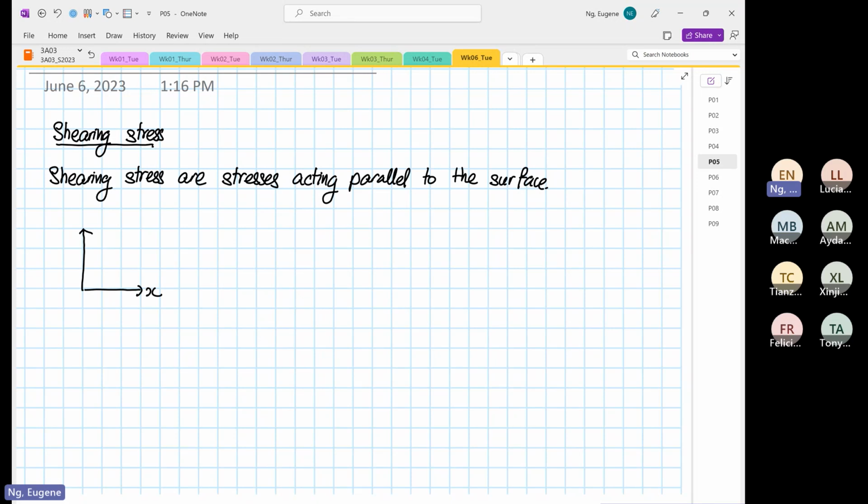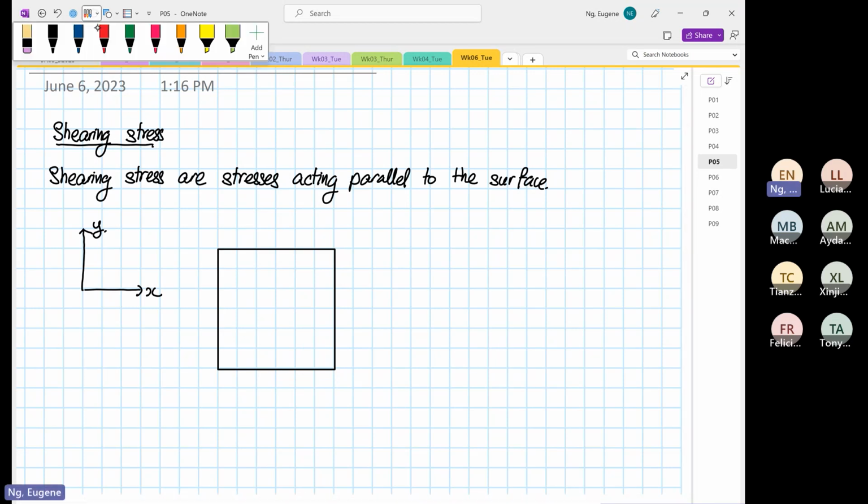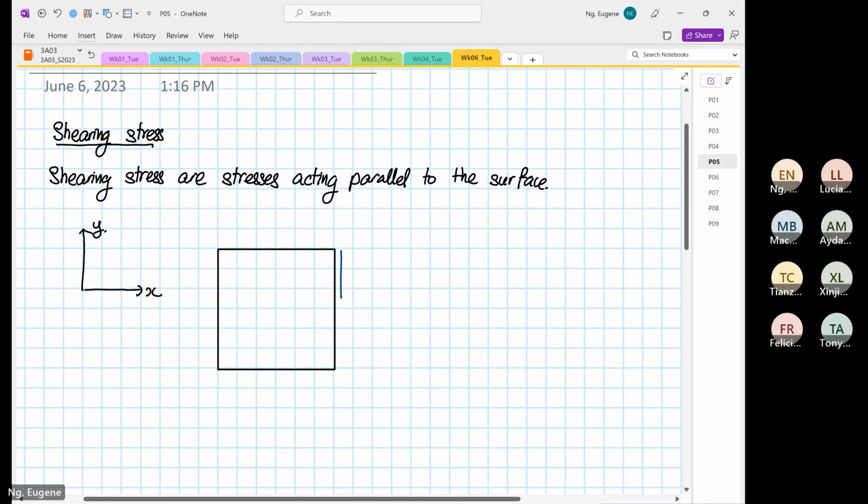this is x and this is y, and if I were to have an element, the stress over here, this is shear xy. Okay, so why is it shear xy?